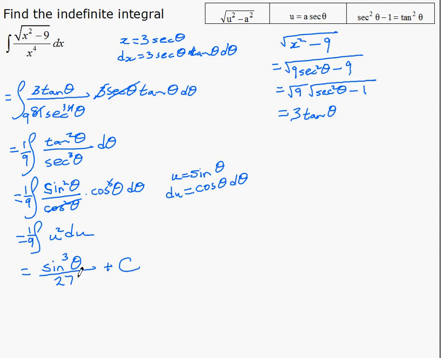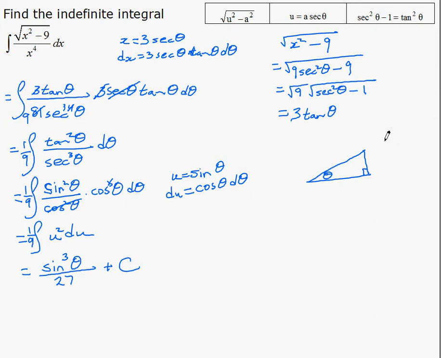Now, we've integrated, but we have an integral in terms of theta when our question is in terms of x. So now we have to draw a reference triangle to replace sine theta with whatever it's equal to in terms of x. So we draw a triangle, we have a right angle, there's theta, and we know that secant of theta is x over 3, because that's what we defined here.